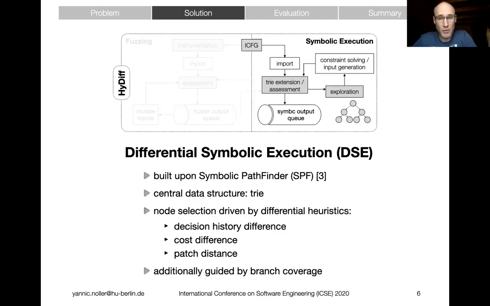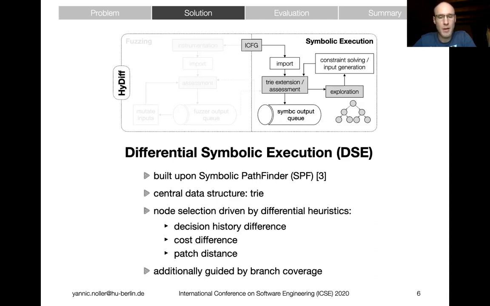For our symbolic execution component, we build upon a dynamic symbolic execution inside Symbolic PathFinder. The central data structure here is a trie, which is a compact representation of a symbolic execution tree. While I talked about the mutant selection in fuzzing, here in symbolic execution, I will talk about the node selection. So in the symbolic execution tree, we would like to select the most promising node for further exploration.